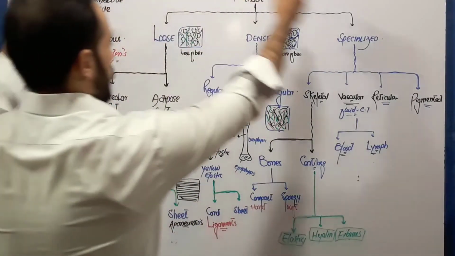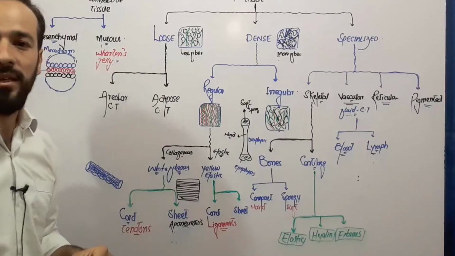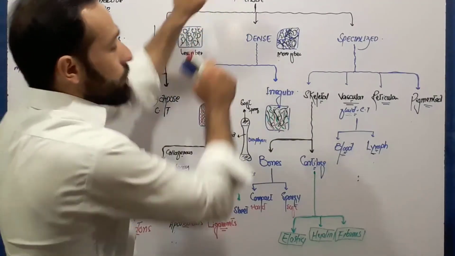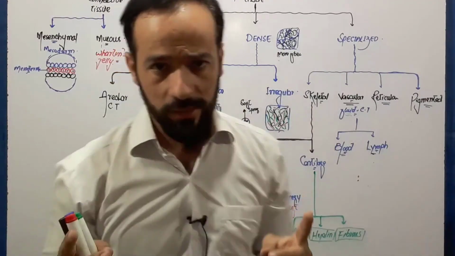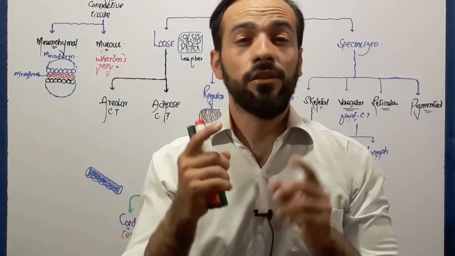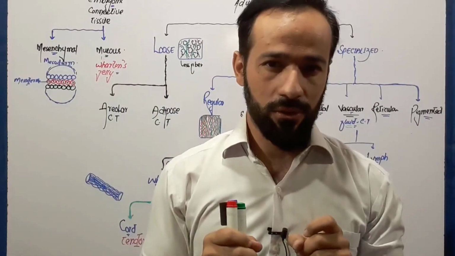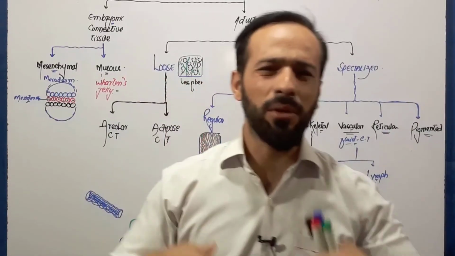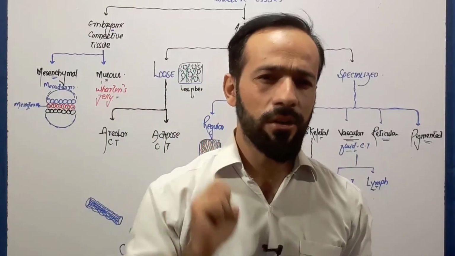So my dear friends, this was the whole classification of the connective tissue. Let's quickly repeat it. The connective tissue in our body is divided into two classes. The first one, the embryonic connective tissue. The second one is the specialized or adult connective tissue, right? Embryonic connective tissue is present during embryonic life, and it is divided into two classes.